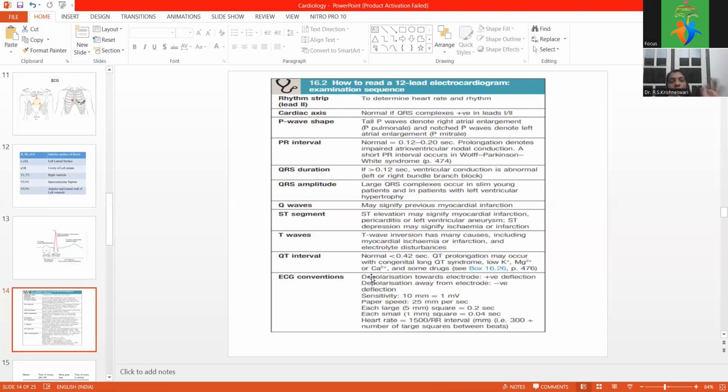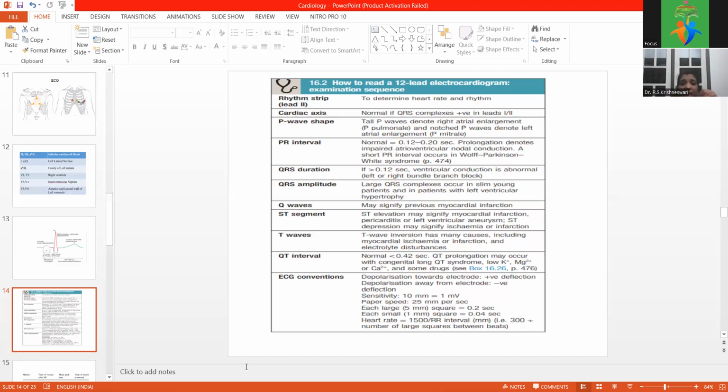Q wave represents previous myocardial infarction. ST segment elevation: the most important cause is myocardial infarction, and the others are pericarditis and left ventricular aneurysm. ST depression may be ischemia or infarction. T inversion may be infarction or ischemia and also electrolyte disturbance. Prolonged QT interval: hypomagnesemia, hypocalcemia, and also hypokalemia.